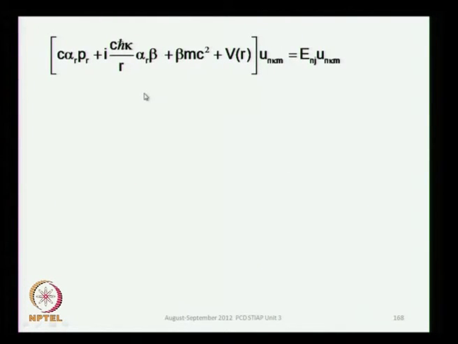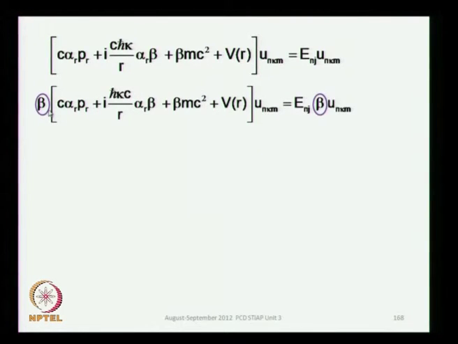So, this is what you have got, but now you know that beta alpha r is minus alpha r beta. So, if you want to change the order of this beta and alpha r, you have to take care of this sign. It will be the same over here, but when you interchange the position of beta and alpha r over here, you will get beta square, which will be equal to 1.